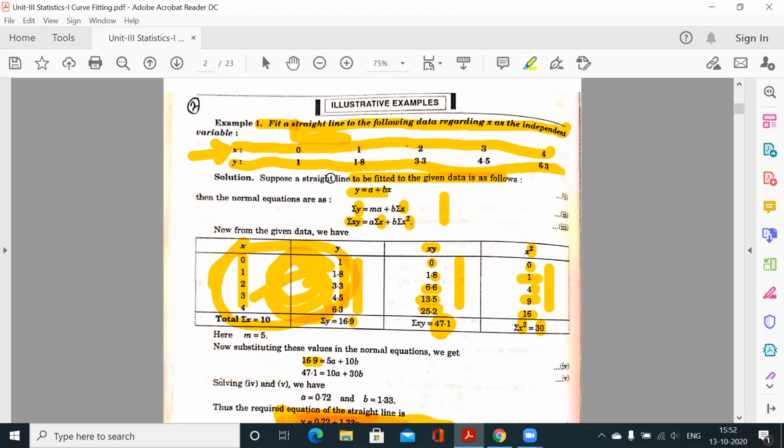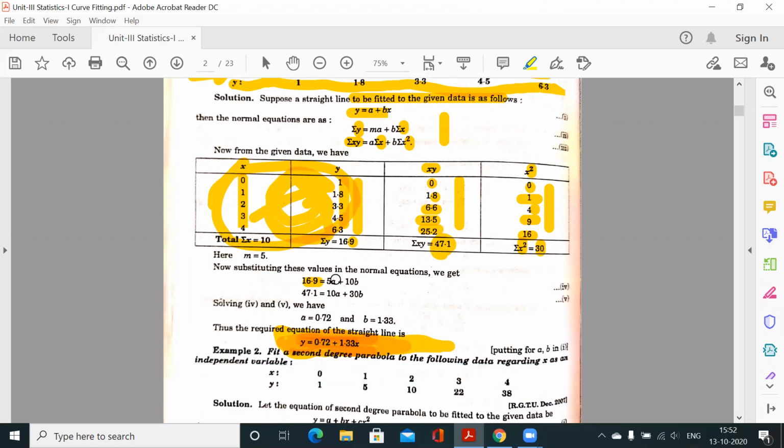There are 5 points, so n is 5: 5a plus summation x times b, and summation x is 10, so 10b. Next, the second equation: summation xy, which is 47.1, equals summation x times a, so 10a, plus b times summation x square, which is 30, so 30b.